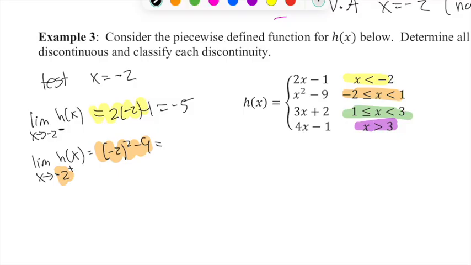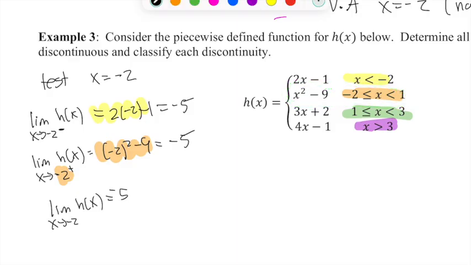And in that case, we're going to get -5 as well. So our limit exists. So the limit as x approaches -2 exists at -5.